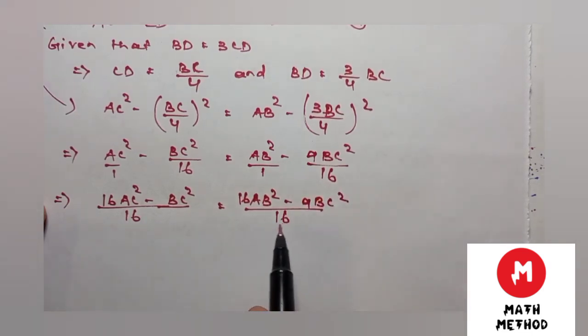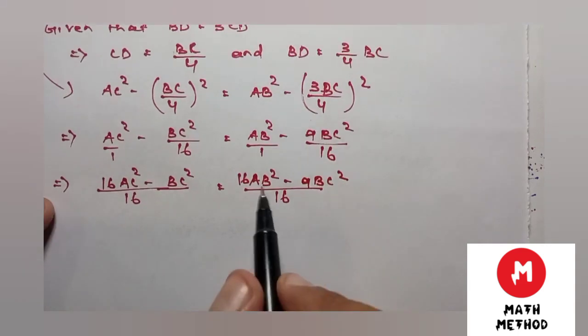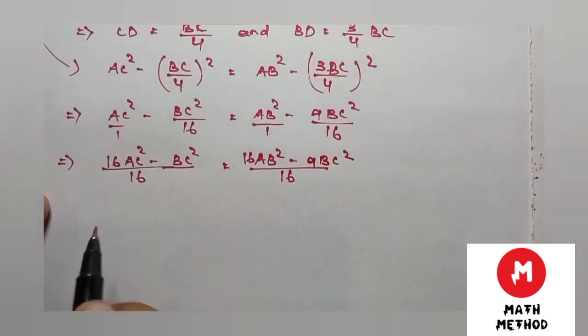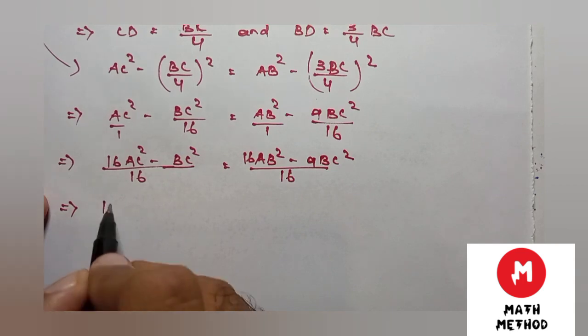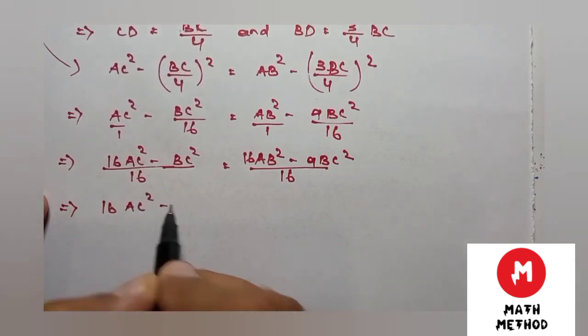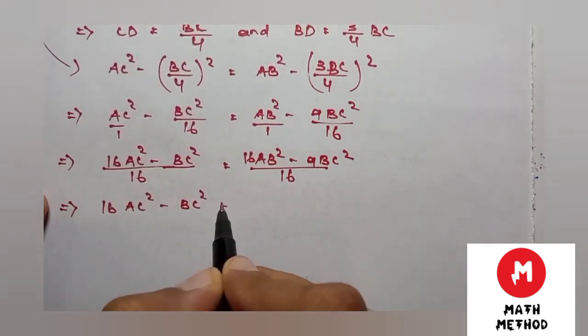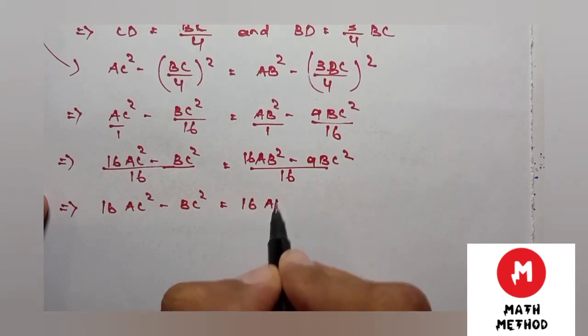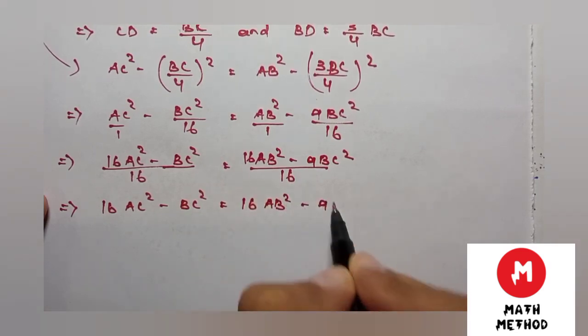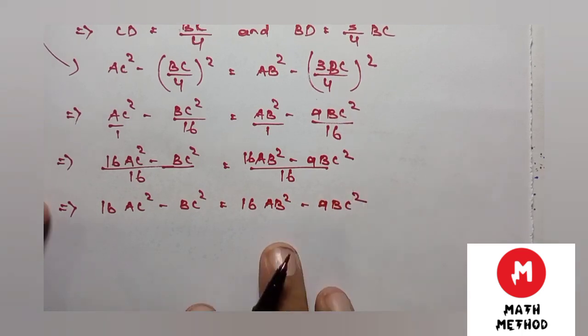Here both denominators have 16. Now we will eliminate both 16s, which will become 16AC square minus BC square equals 16AB square minus 9BC square. Clear?